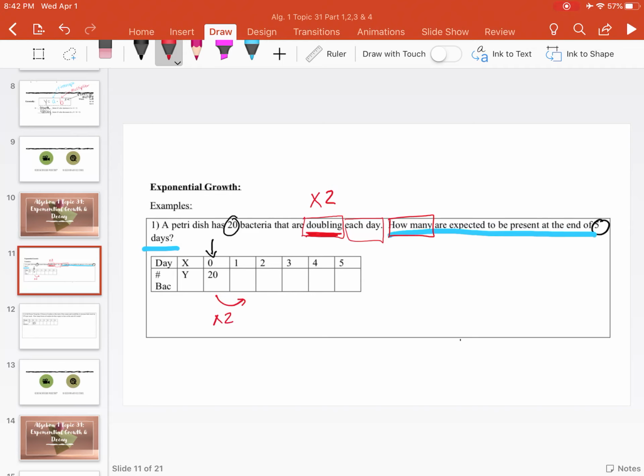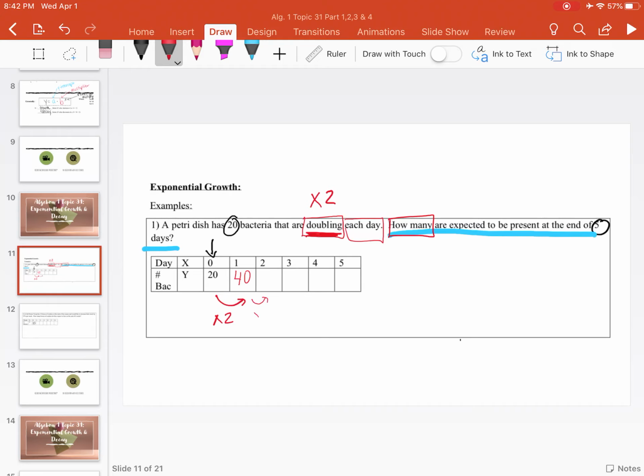So if we are doubling, what is 20 times 2? That gives us 40. Now we are multiplying 40 by 2. It doesn't mean that we are adding 20 onto it, but we are doubling 40.